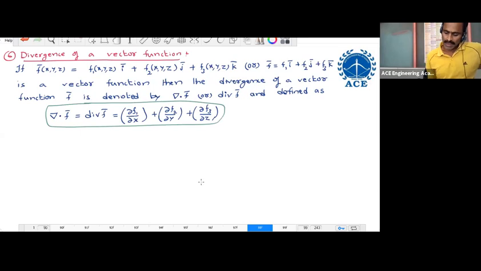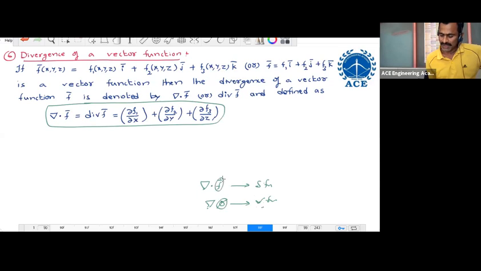Here, the del operator is operated on a vector function with the dot operation only. If we operate the del operator on a scalar function, the result is a vector function. If you operate the del operator on a vector function with the dot operation, this will give a scalar function only. So gradient converts a scalar function to a vector function.